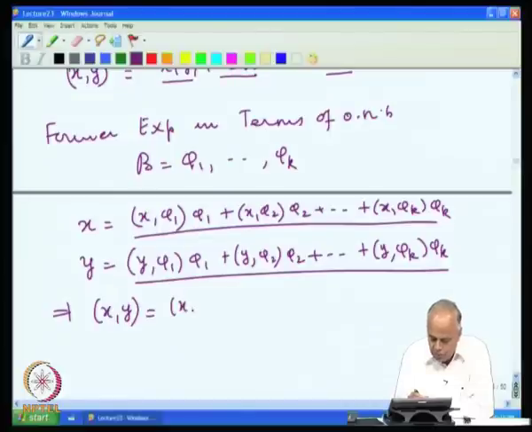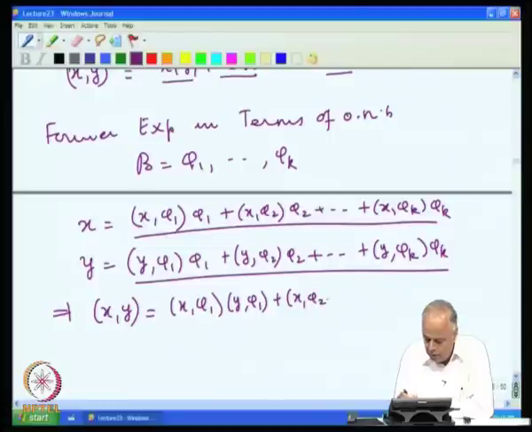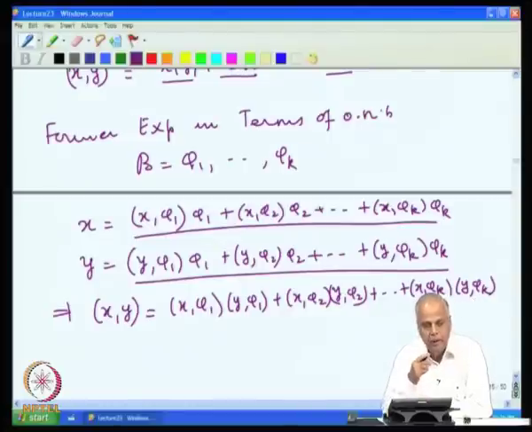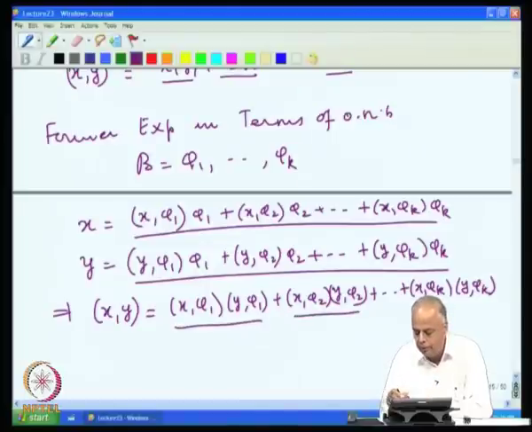So, this will simply be x phi 1 times y phi 1 plus x phi 2 times y phi 2 and so on, up to x phi k times y phi k, which again gives the inner product of x and y as the sum of the products of the corresponding Fourier coefficients.